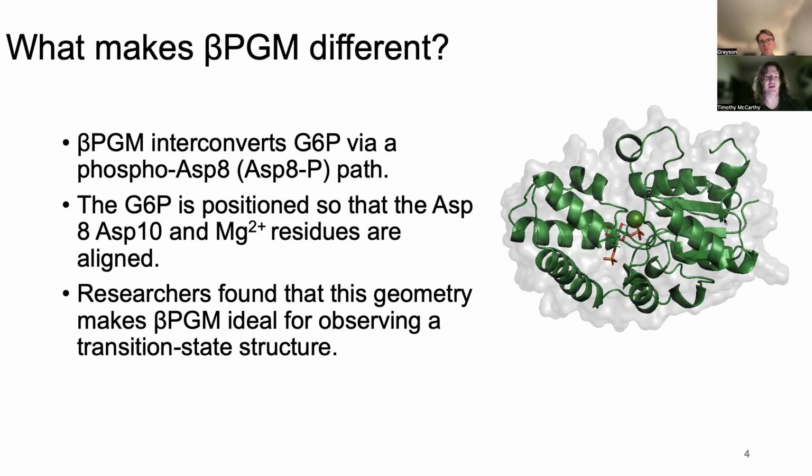It catalyzes the conversion of beta-D-glucose 1-phosphate, or G1P, to D-glucose 6-phosphate, or G6P, forming beta-D-glucose 1,6-bisphosphate, or beta-G16P, as an intermediate. Specifically, researchers found that the orientation and position of the substrate flip in the active site as the reaction interconverts G6P and G1P. This geometry is also ideal for observing a transition state structure.